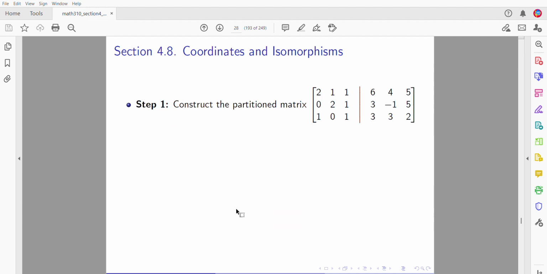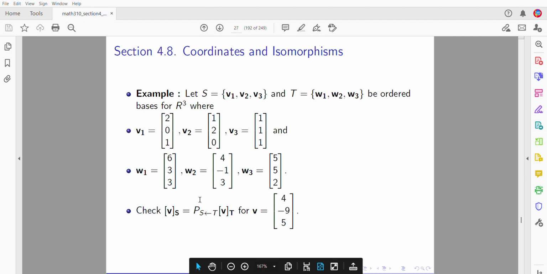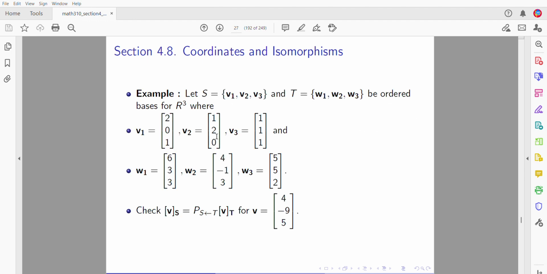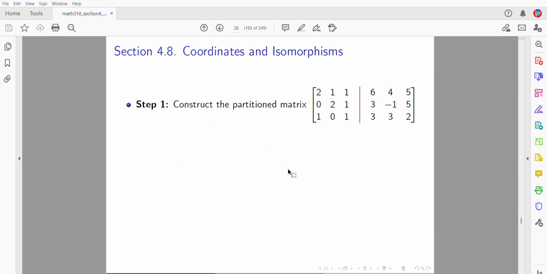One thing at a time. Identify the transition matrix. So you want the transition matrix from T to S. So S comes first, T comes later. S are these vectors, T are these vectors. You're going to use elementary row operations and reduce this to reduced row echelon form.